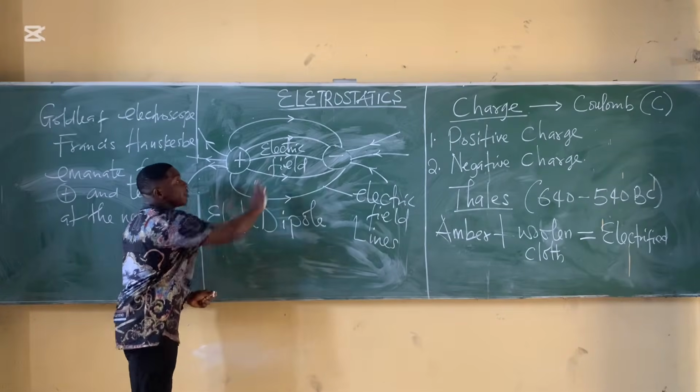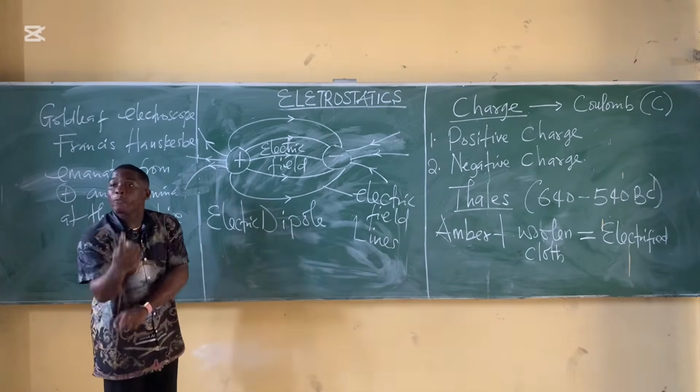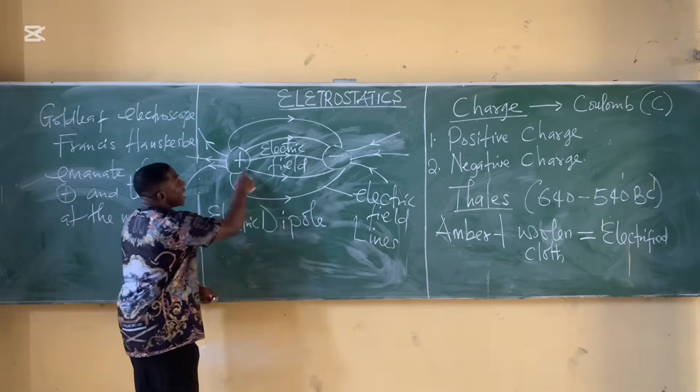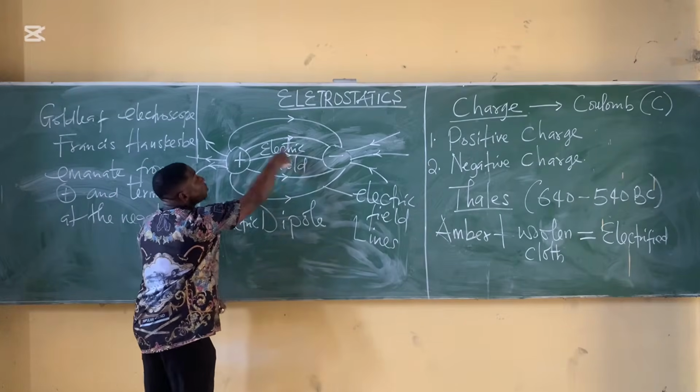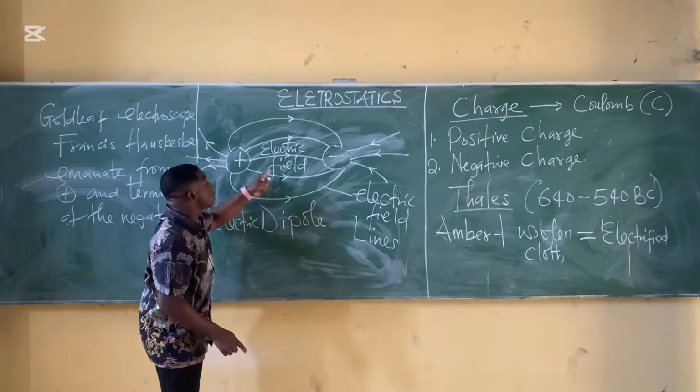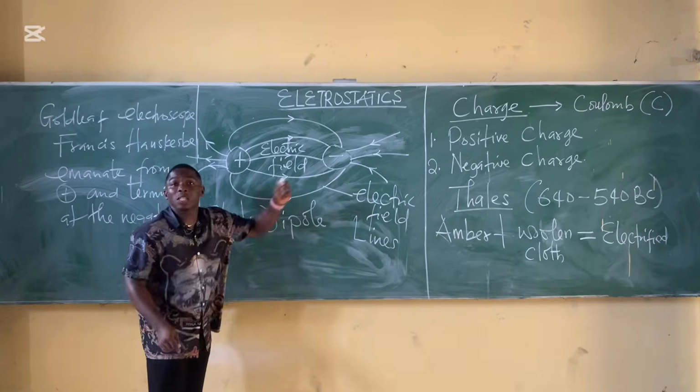And when there is an electric field, there is an electric force. These electric lines of forces are just telling you that there is an electric field in between the positive and the negative charge.